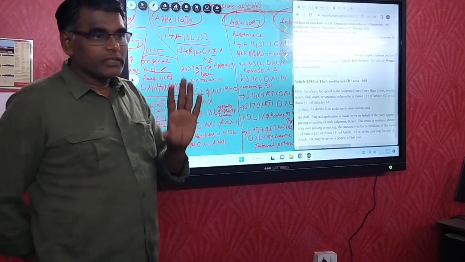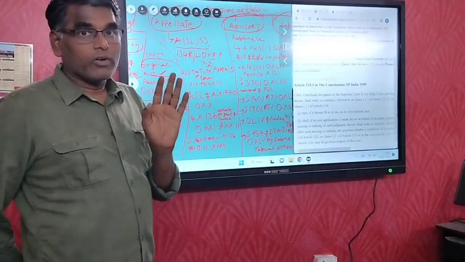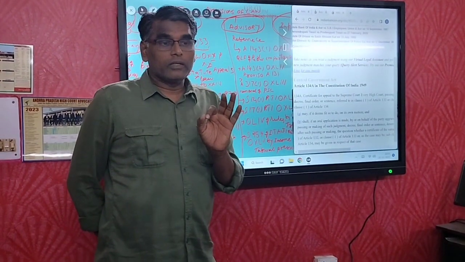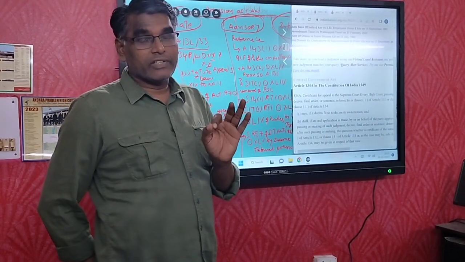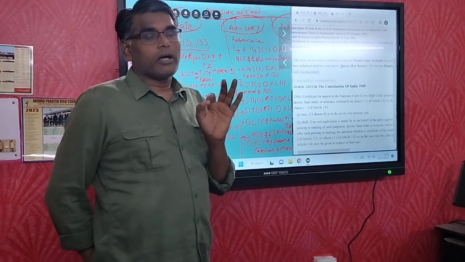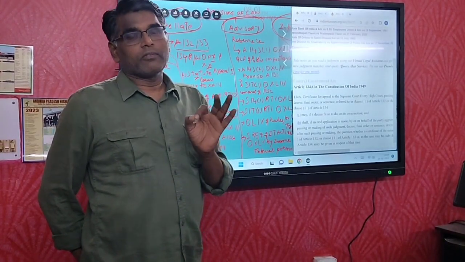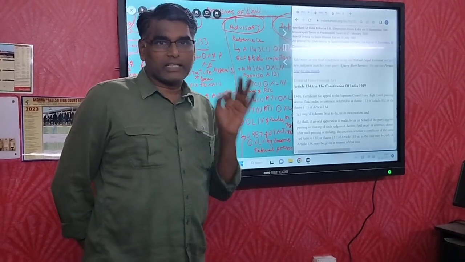You see here, there are different types of questions of law. 132 deals with one type of question of law, 133 deals with another type. So we have to carefully observe which type of question of law has to be involved to come under that provision.